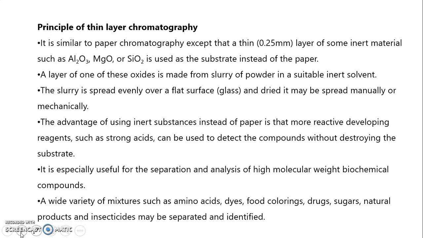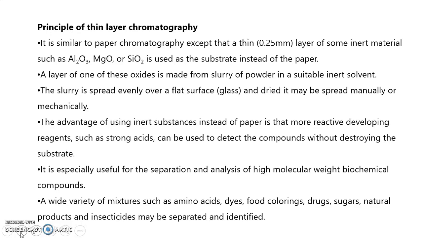The layer of one of these oxides is made from a slurry of powder in a suitable inert solvent. First we make the adsorbing material into a slurry, which means a paste, and this paste is evenly spread over a flat surface mechanically.